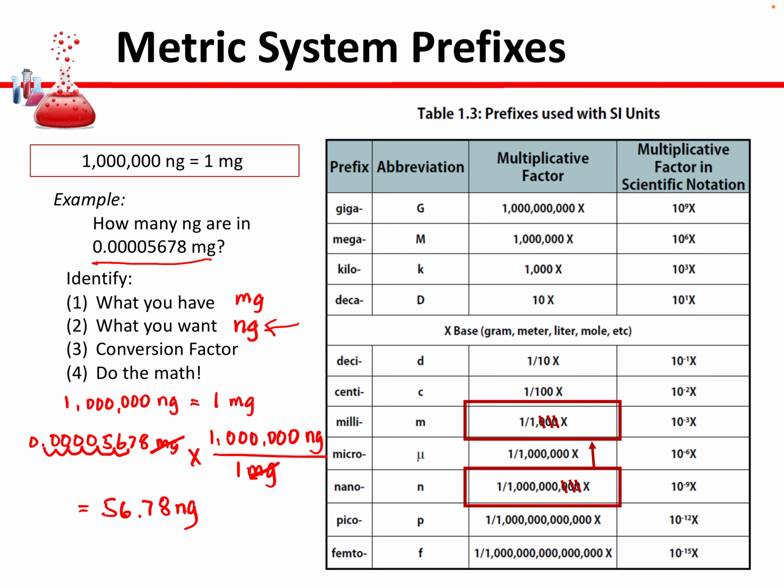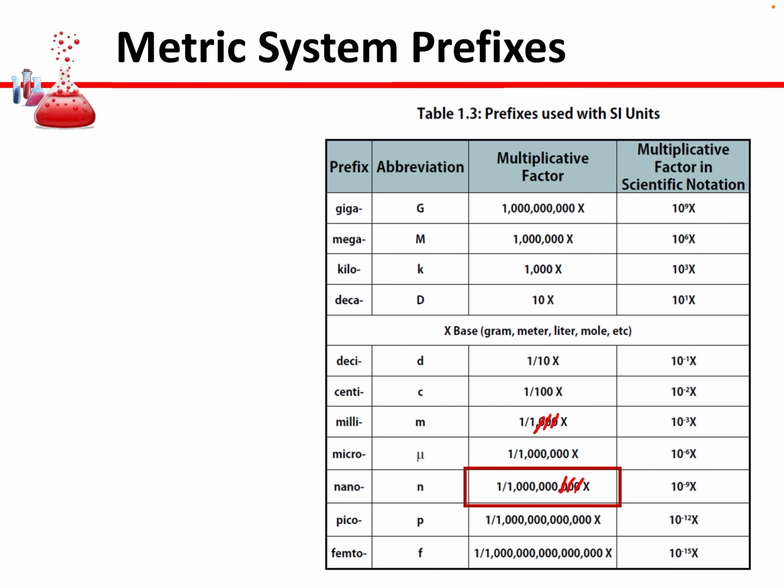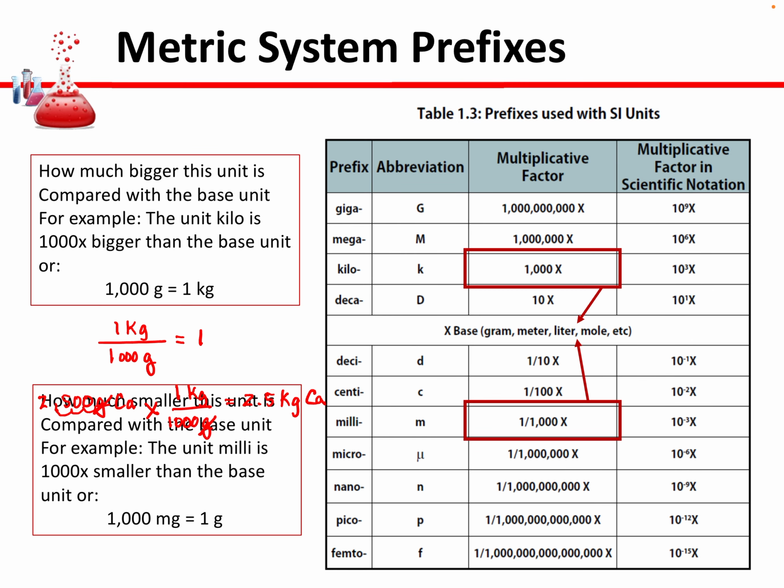All right, so if we're looking at our table, we need milliliters, right? Going back to our base unit. So that is going to be 1,000-fold for our conversion factor. This is essentially our 1 position.